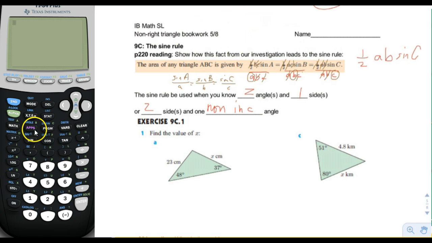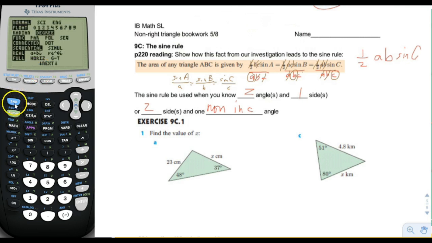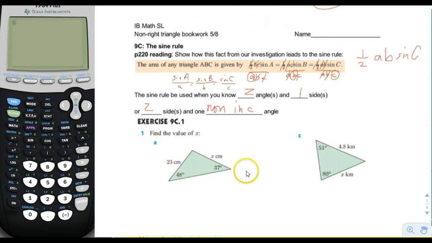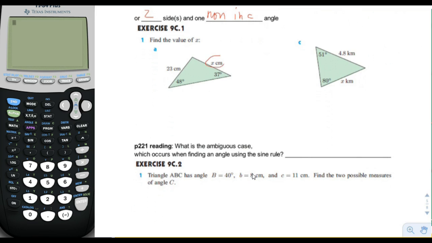Okay, let's start our problems, and let's make sure our calculator is in degree mode. Yes, it is. Okay, number one, find the value of x. So we need to know that side, and we are going to use the law of sines. So let's say that this is angle A and this is small a.